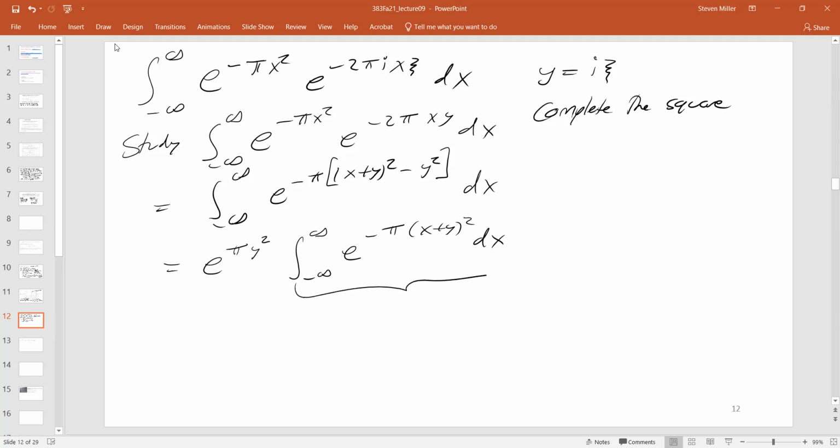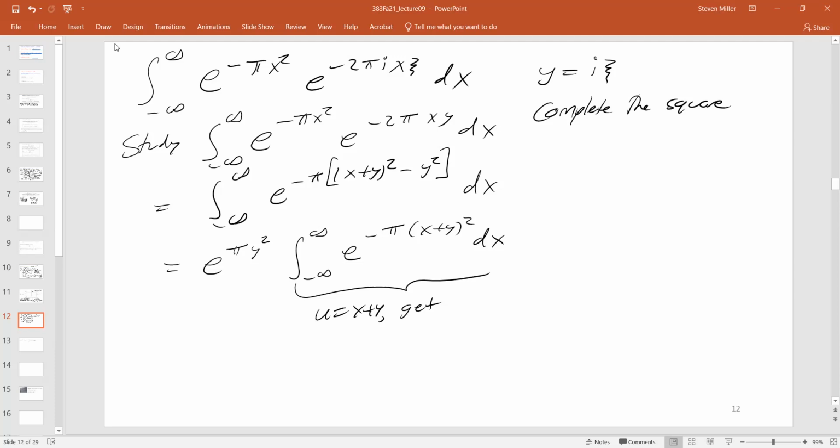Yeah, so u equals x plus y. What do we get for the answer? We're integrating now e to the negative pi u squared, which is just 1. That's why a lot of people like integrating e to the negative pi x squared, because the integral is just 1 and you don't have to worry about the normalization factors.